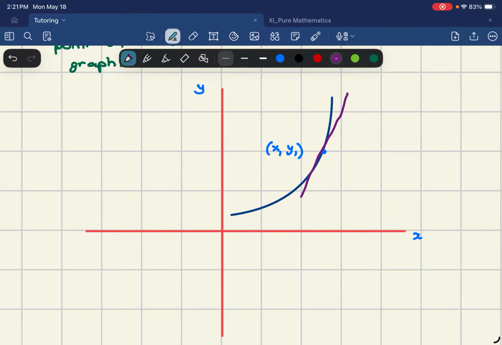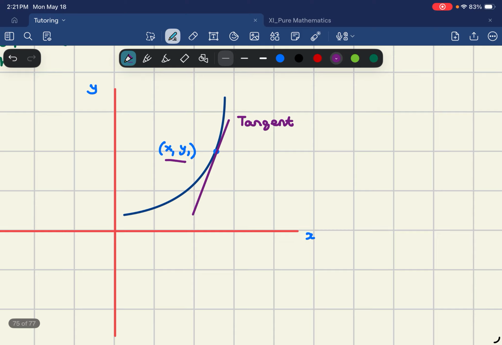The tangent line is going to look something like this. Okay, that is a very bad tangent line, something like this maybe. This purple line is the tangent line at the point (x1, y1). That means it only touches the blue curve at this point.